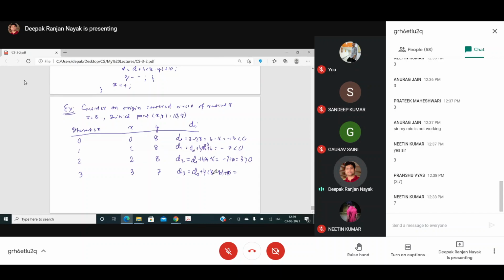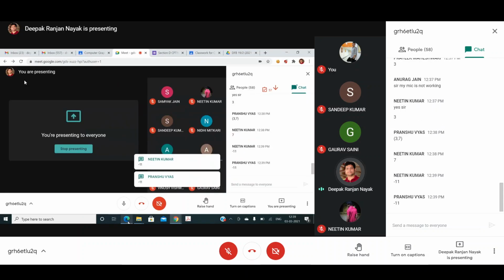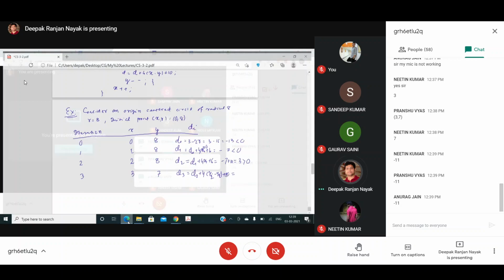Here you can directly write 4x2 minus y2. D2 value 3, 4 into x2 minus y2. What value will we get from this equation? Minus 11. Okay. Minus 11.